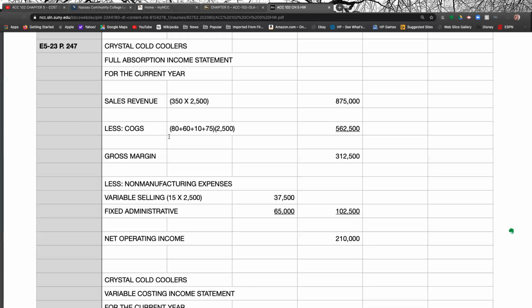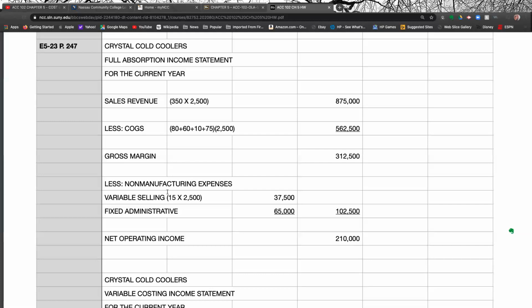If I add those together and multiply it by 2,500 units sold, that comes out to $562,500. That gives you a gross profit or gross margin of $312,500. 875 minus 562.5, right, is $312,500.